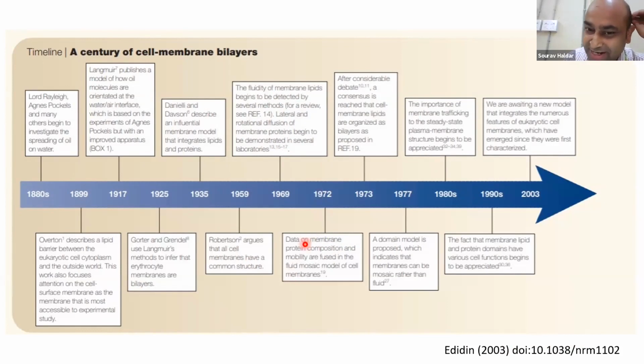What Singer and Nicolson did is, based on all the available data and their way of conceptualizing the whole thing, they put up a model which was able to capture all the existing data and explain it in a manner so that all the scientific community could accept it. That gave rise to what is known as the Singer-Nicolson model.